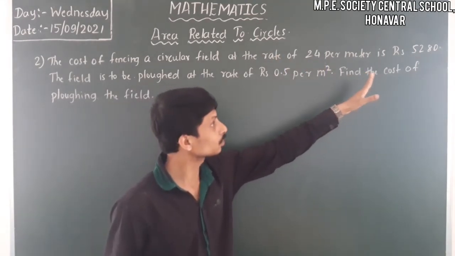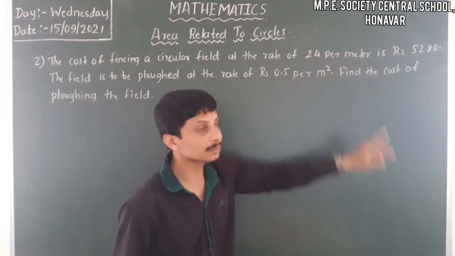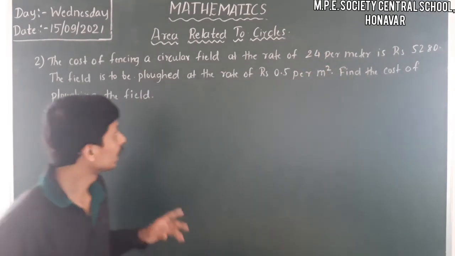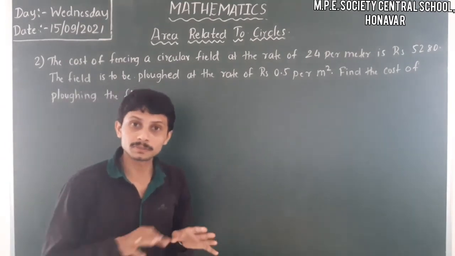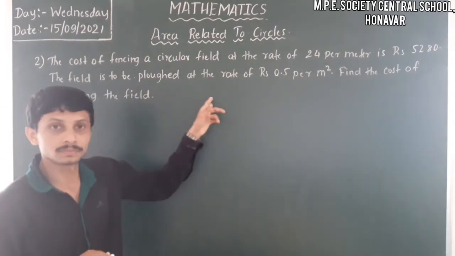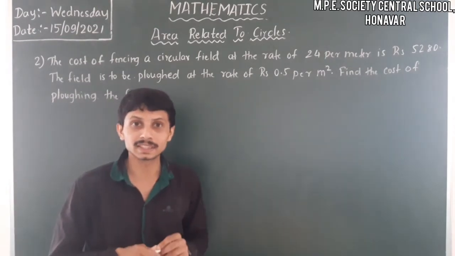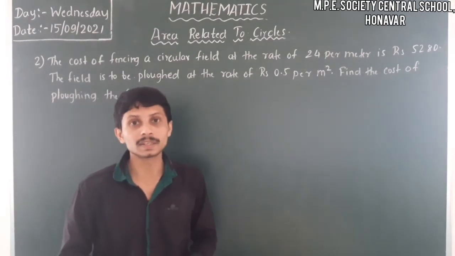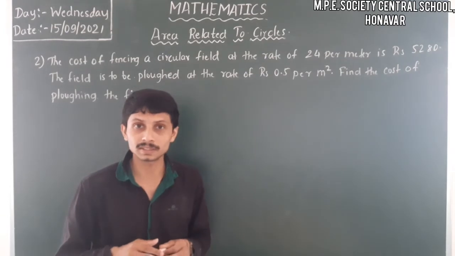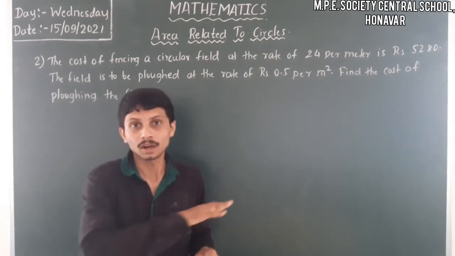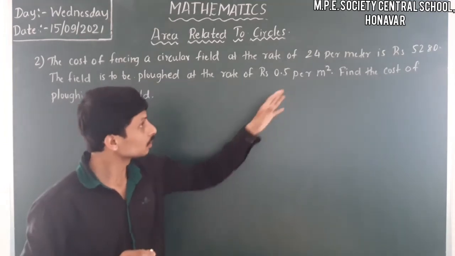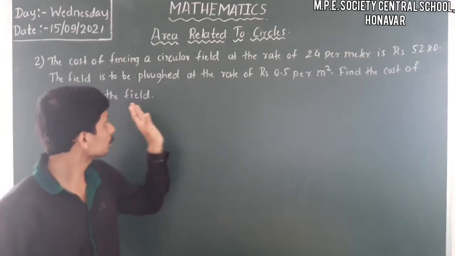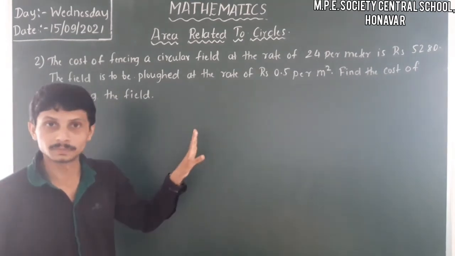It is given 5280 at a rate of 24 rupees per meter, and the field is to be plowed at the rate of, that is, plowing means sowing the seed. We have some materials, and using them we have to sow the seed completely in that field here. So we have to find the cost of plowing the field here.